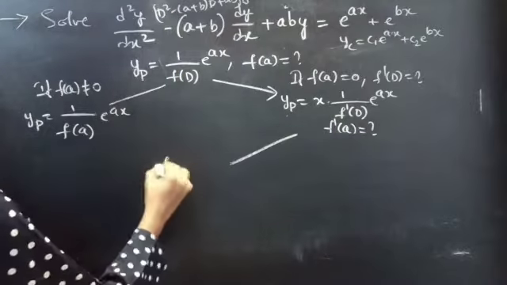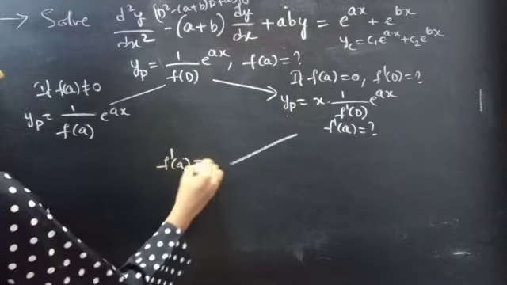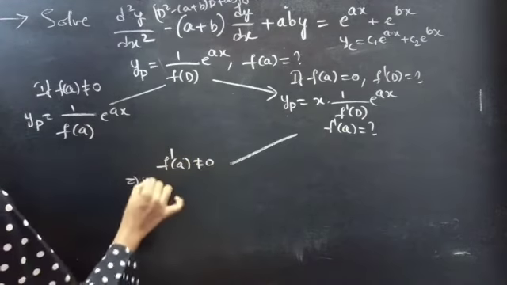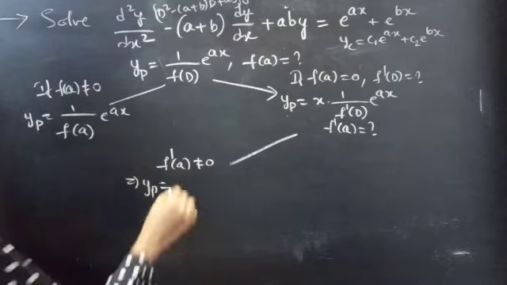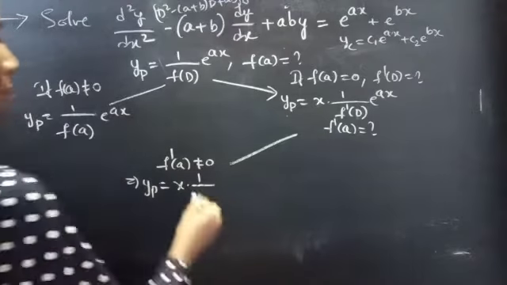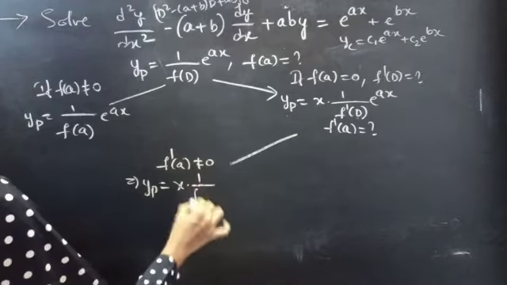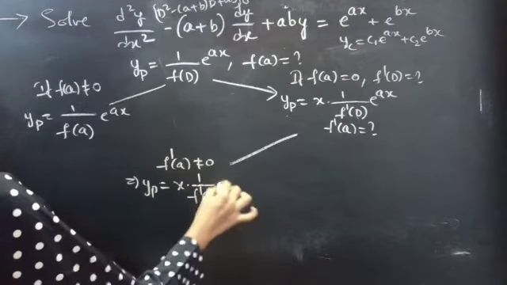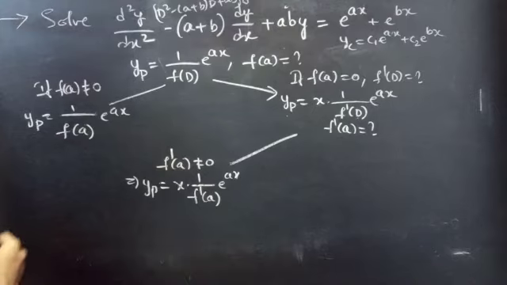If f dash of a is not equals to 0, then we'll get the solution yp. It is x into 1 by f dash of a, since f dash of a is not equals to 0. Then this will be the solution.